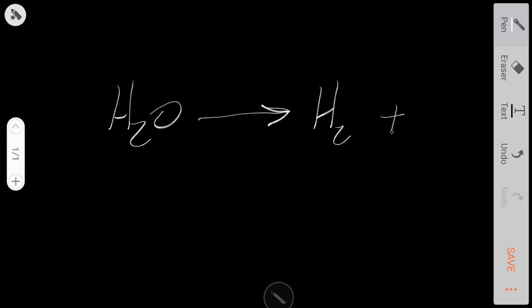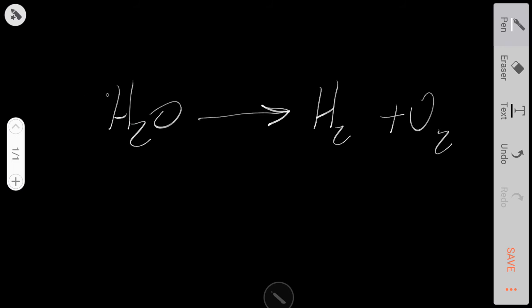Okay, make sure you know types of reactions. Coefficient ratios. Let's do a simple one. I like this example. I would suggest memorizing this example, but if I have H2O goes to H2 plus O2. What type of reaction is this? Well, I'm going from one thing, and it looks like it's being split apart, so that's decomposition. Fine.